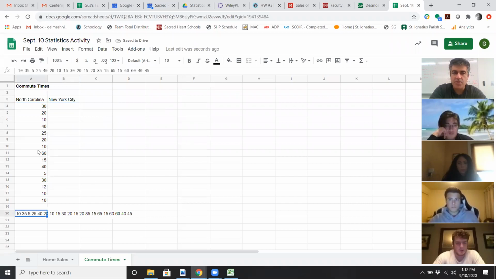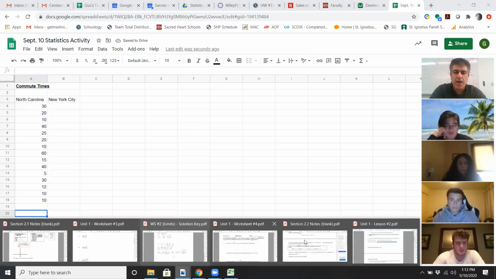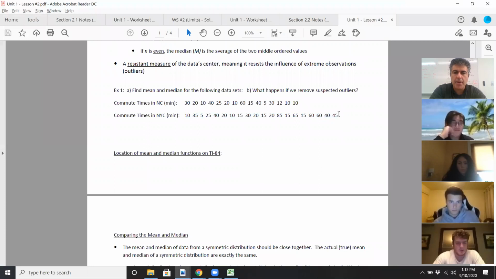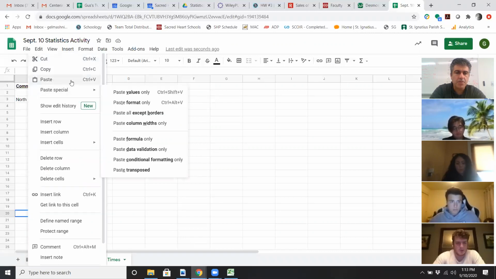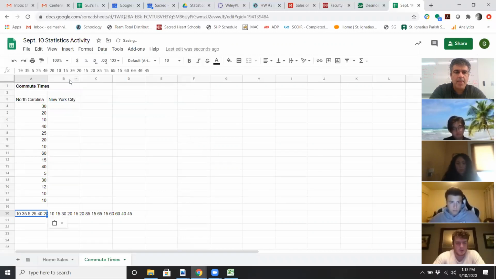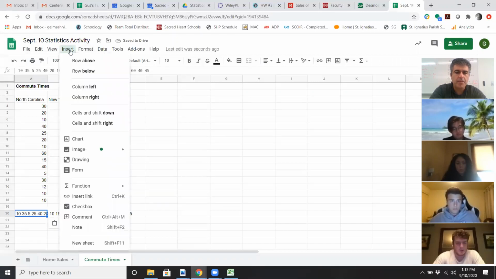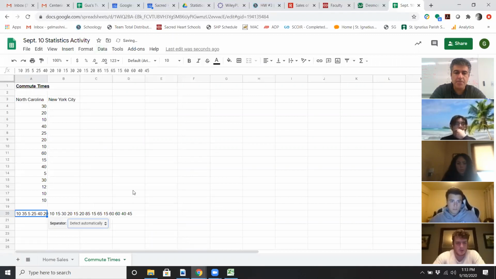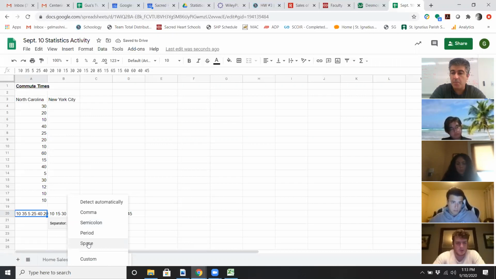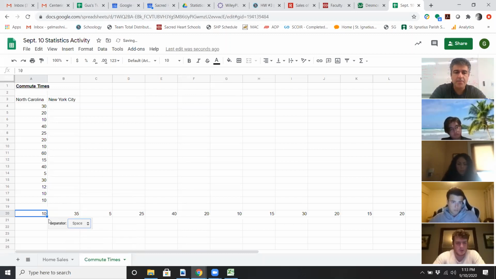So I need to shift this to columns. Sorry, so let me back up a little bit. So all I did was I copy and pasted this. Copy. And you can just paste it, it's just fine. And then if I go to data, split text to columns, and select space, because anything that's separated by a space you want to be put in separate columns, which it does.